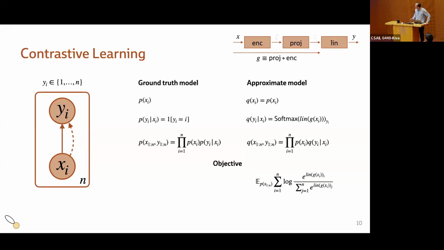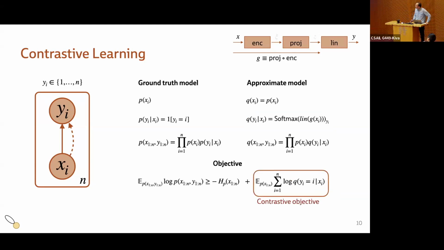So now what we can do is that we can expand this softmax, and we see that these two quantities are the same, so we can replace this kind of thing here. And then we can highlight that this objective is actually a lower bound on the negative entropy of the ground truth model.